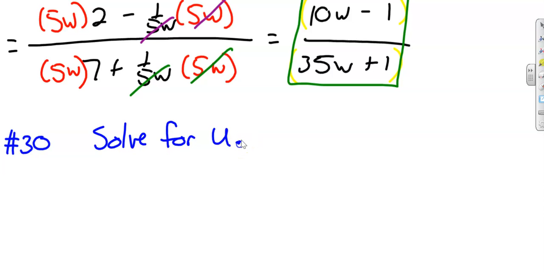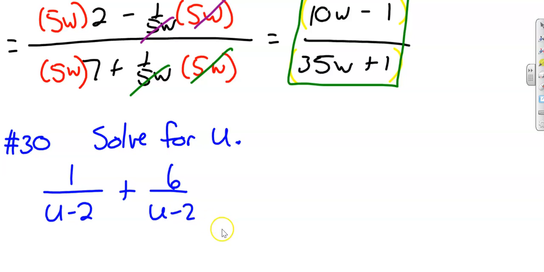Number 30 says solve for u. Where it starts off with it's a rational expression, or a rational equation, that you have to solve. Now, it's still got the same similarities.